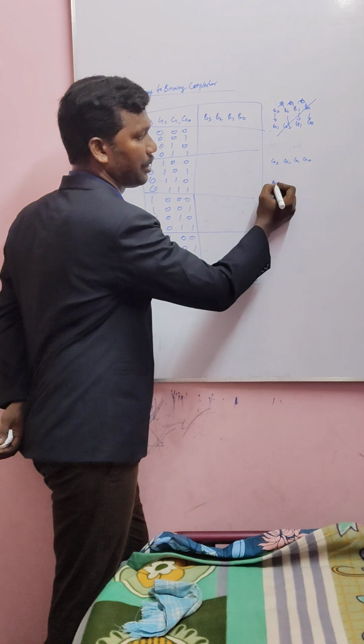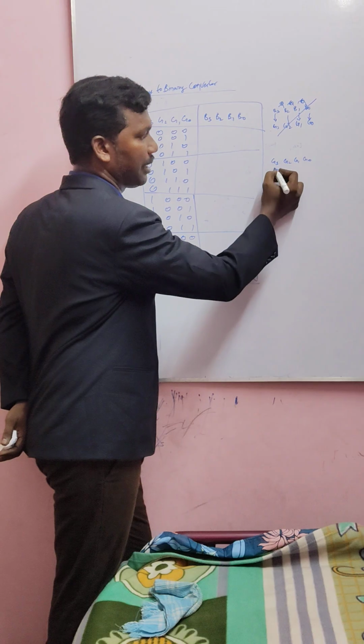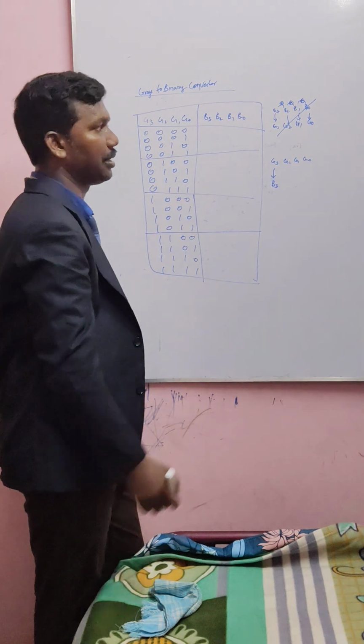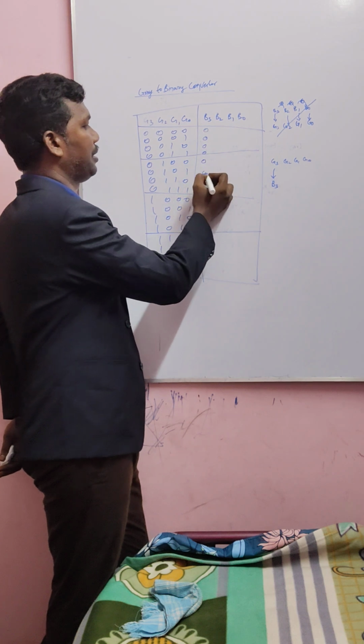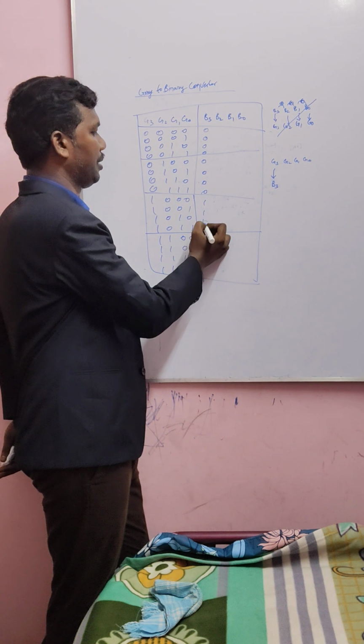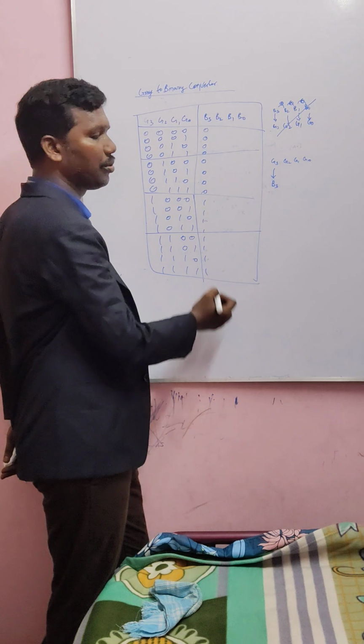Here, same as before, we have G3, G2, G1, G0 as the input. B3 will be the same as G3. All the same numbers present in G3 come into B3, because there are no changes in that.